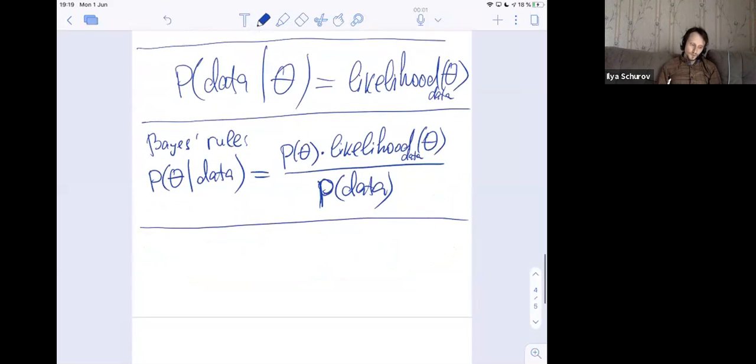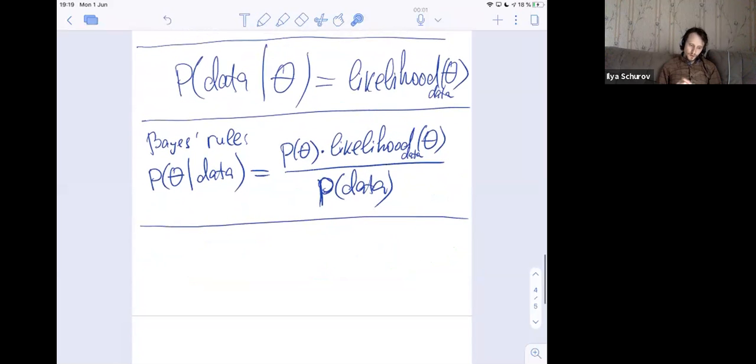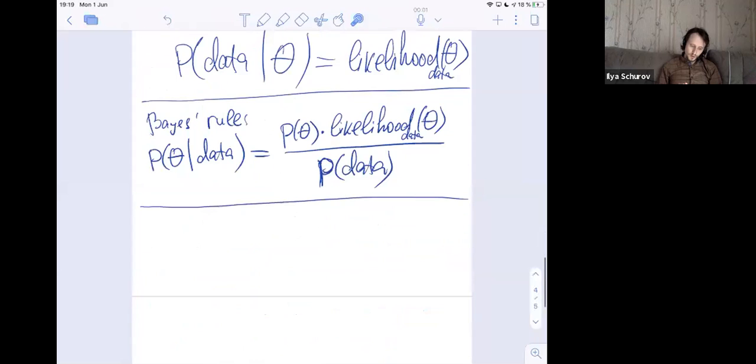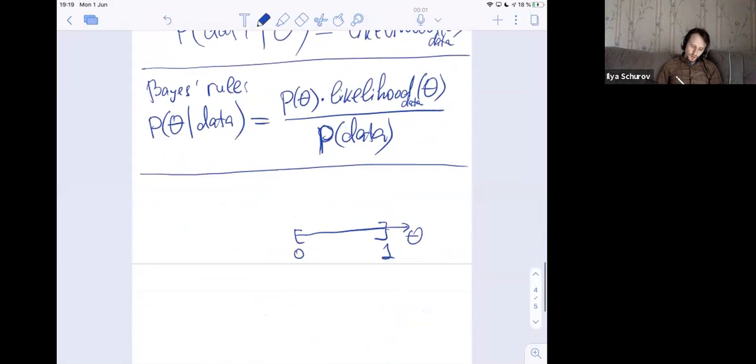Now let us consider a little more complex example when we have more complex distribution on this theta. So previously in our prior, we assumed that theta can take only two possible values, 0.5 and 1. Now I want my theta to take any possible value from 0 to 1. So assume that I have some distribution for theta, and let me assume that this distribution is given by some probability density function.